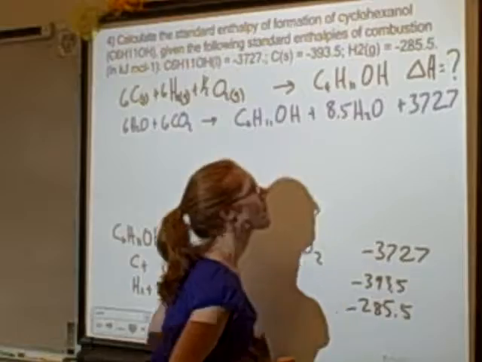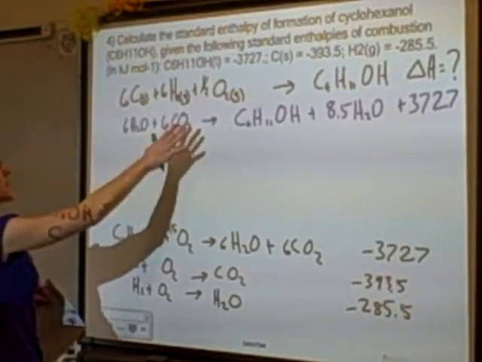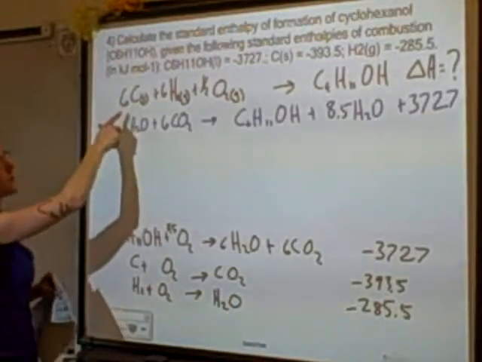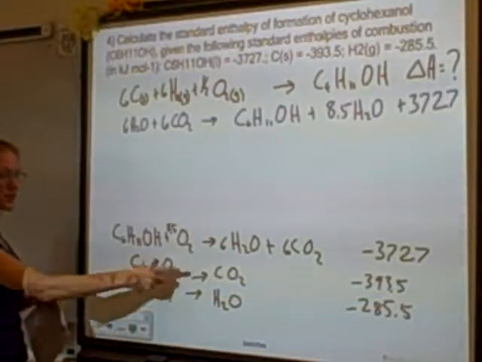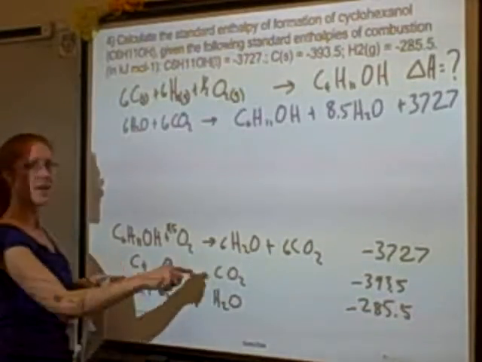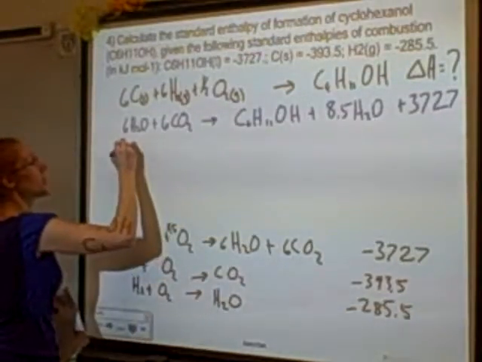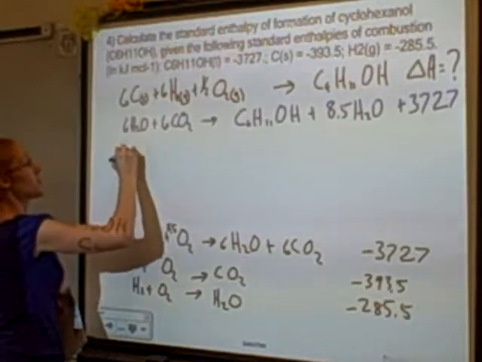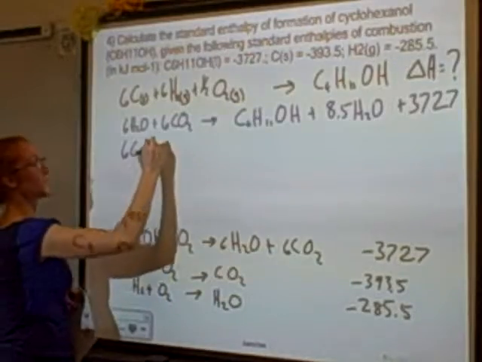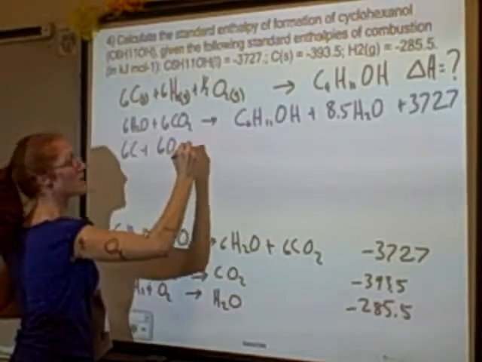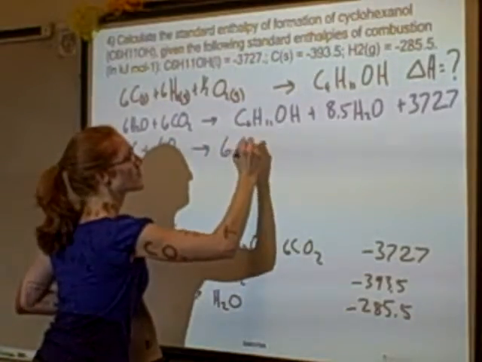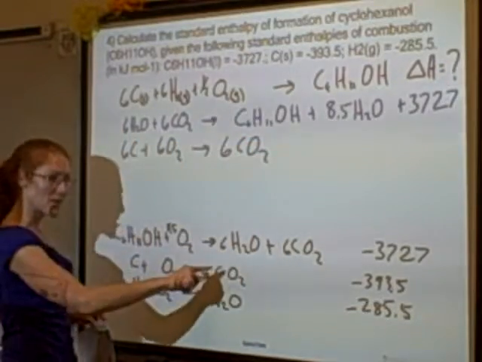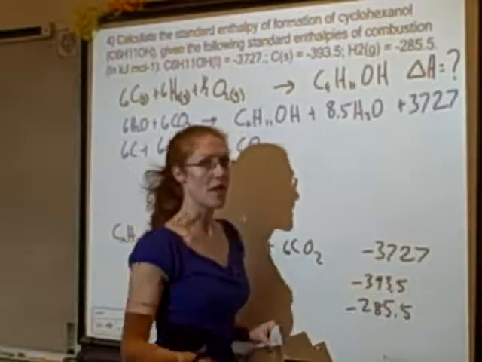So positive 3,727. The next thing I see is I have 6 carbons in my goal, and the only place carbon shows up is in the second step. I'm going to do the second step 6 times. So I'll take 6 carbons plus 6 O2s, I'm just going to multiply the whole thing by 6 to make 6 CO2s. Since I did this step 6 times, I'm going to multiply the change of enthalpy by 6.